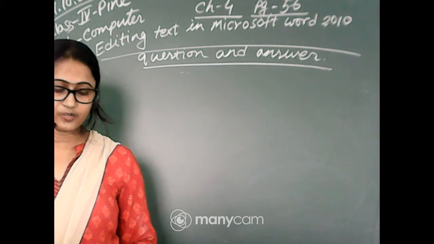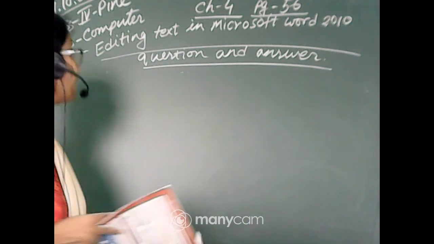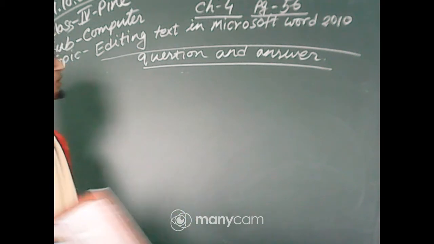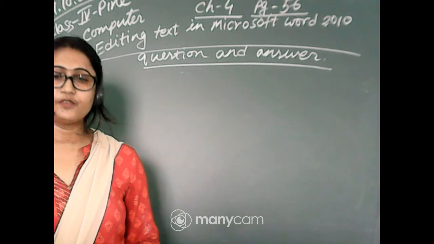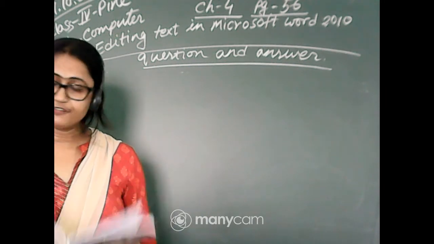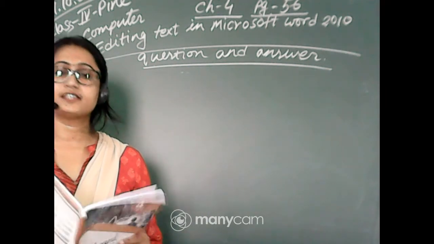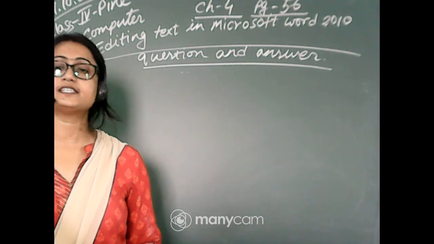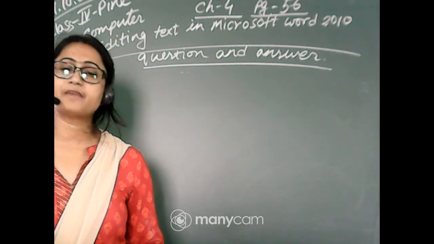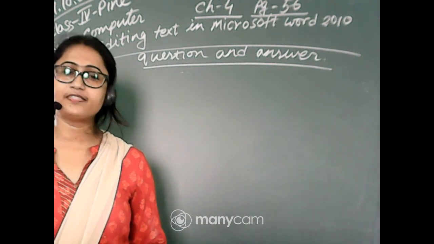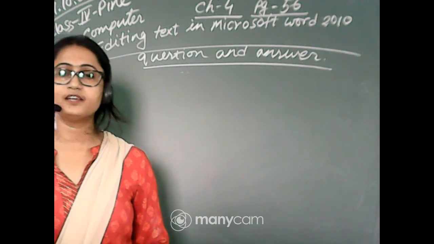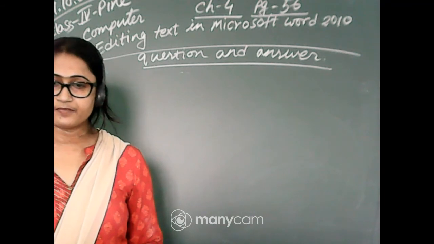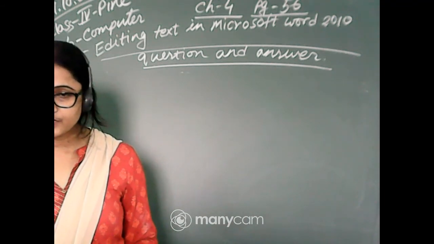This is chapter number 4, editing text in Microsoft Word 2010. If it is incomplete, for question number A, B and C, please leave one page of space, because you have to write these 3 questions from my previous videos on YouTube.